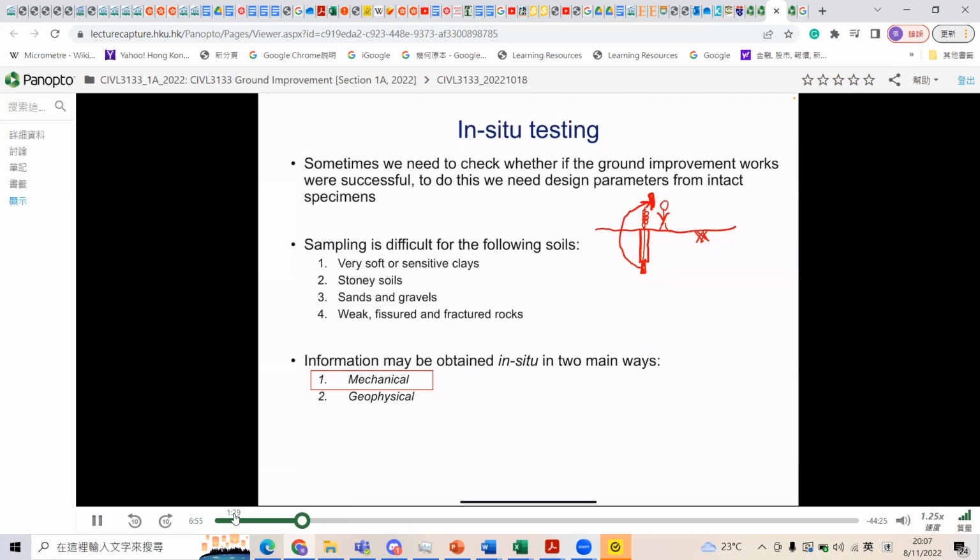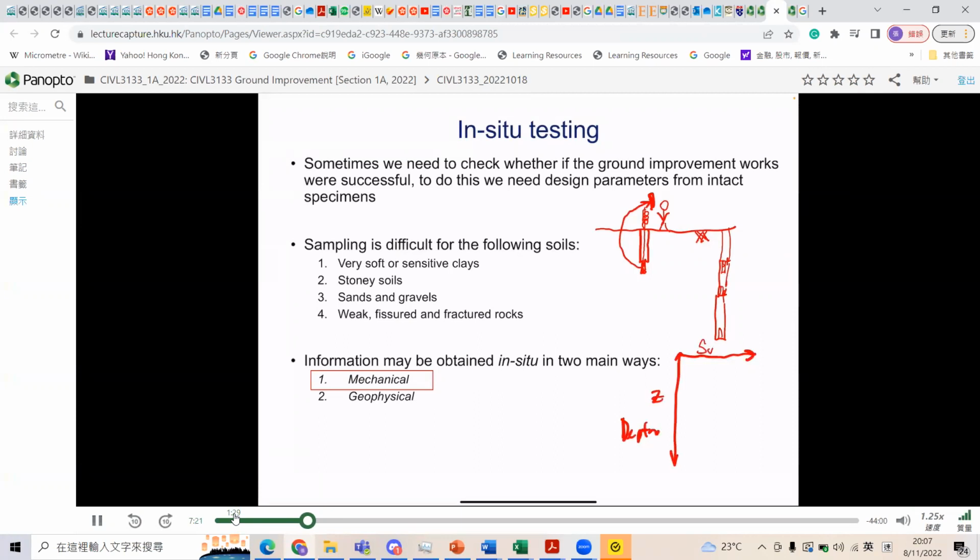You can imagine in some cases, what we have to do is drill to a particular depth, take a sample, drill to another depth, take another sample, drill to another depth, take another sample. So if we wanted to obtain, let's say this is depth, and this is, let's say, undrained shear strength.